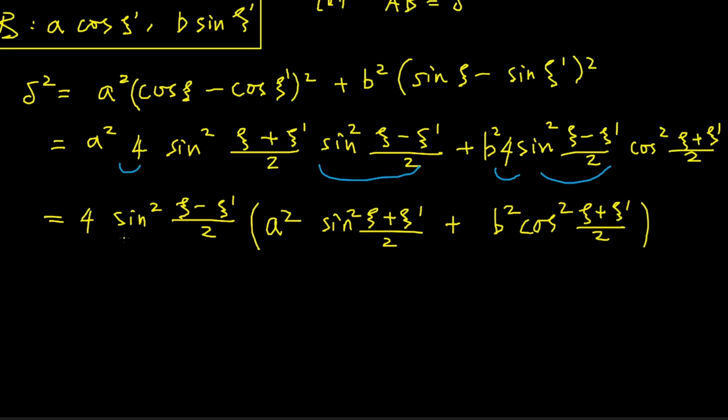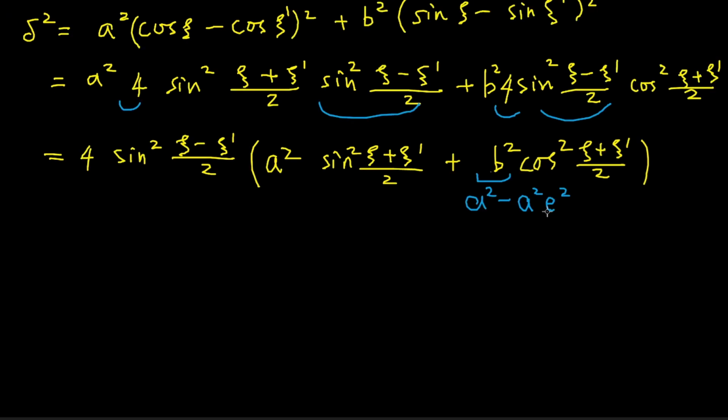So we get 4 sine squared of xi minus xi prime divided by 2, times a squared sine squared of xi plus xi prime divided by 2 plus b squared cosine squared of xi plus xi prime divided by 2. b squared can be written as a squared minus a squared times e squared by the property of ellipses.